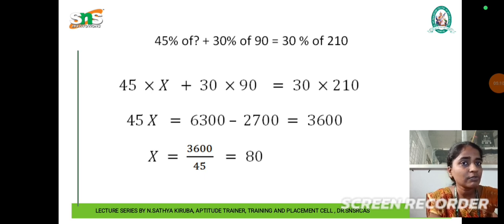45 percentage of what plus 30 percentage of 90 is equal to 30 percentage of 210. Now how will we calculate this? This will be 45x is equal to 6,300 minus 2,700, that will be equal to 3,600. Now x value is equal to 3,600 by 45, that is equal to 80.